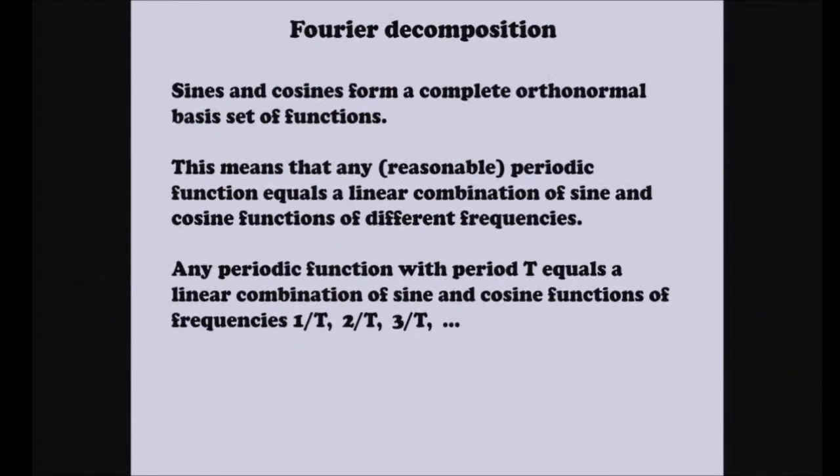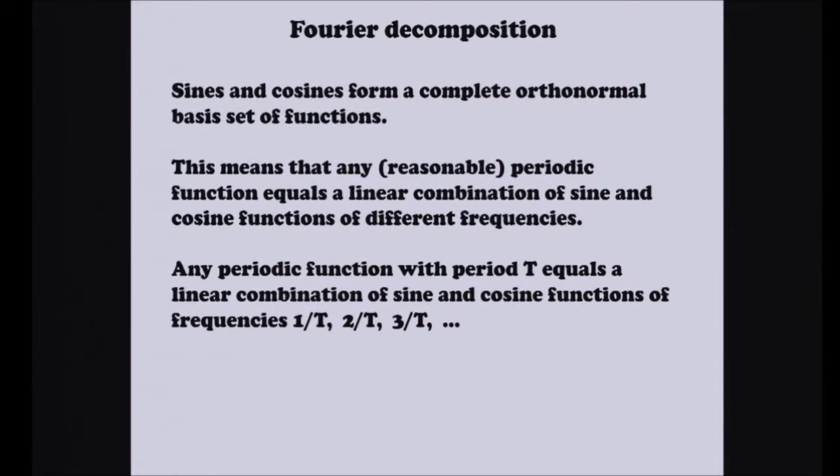Yeah. So this gets me to the Fourier decomposition. So the sines and cosines, they form a complete orthonormal basis set of functions. What this means is that any reasonable periodic function you can write in terms of a linear combination of sines and cosines of different frequencies.